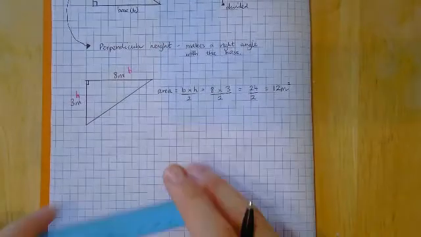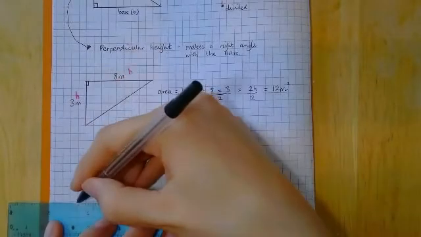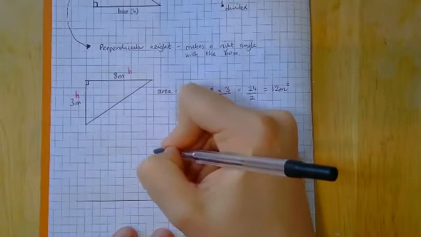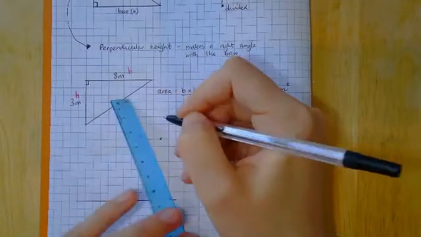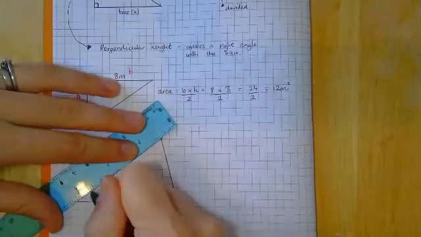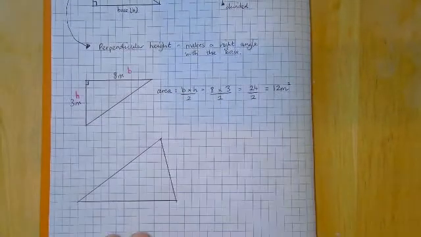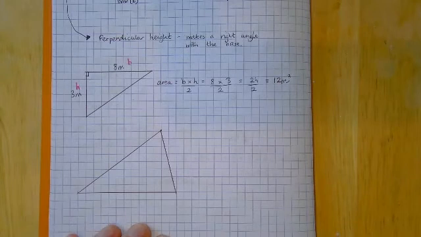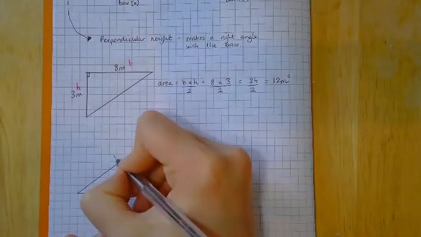So let's draw ourselves a triangle that looks a little bit different. Let's draw ourselves a triangle that's got a base like that, and then its point is going to be up here somewhere. So let's do something like that. So this isn't a right angle triangle. Let's put some numbers on it.